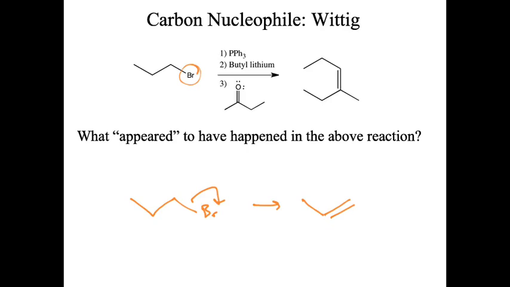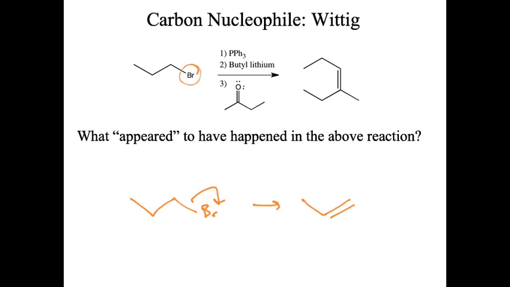No. So I like that you're referencing an elimination, okay? The reason why I like that you referenced an elimination is what did you end with? A pi bond. That's a really big tip that you did an elimination. However, what did you start with?